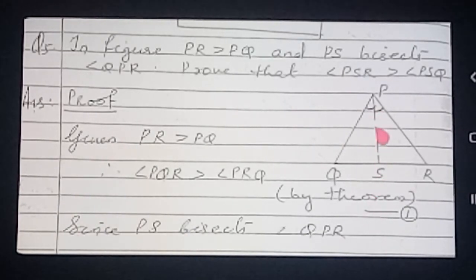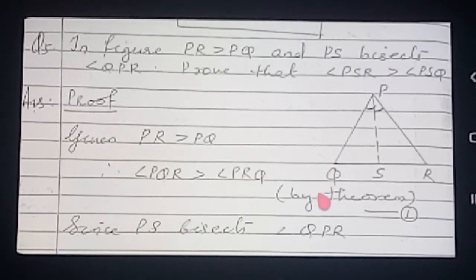Without considering it, you think of PR. PR is greater, so what is its opposite angle? Q, and how to name it is PQR. And PQ, what is the angle opposite to PQ? Angle R. How to name it is PRQ.